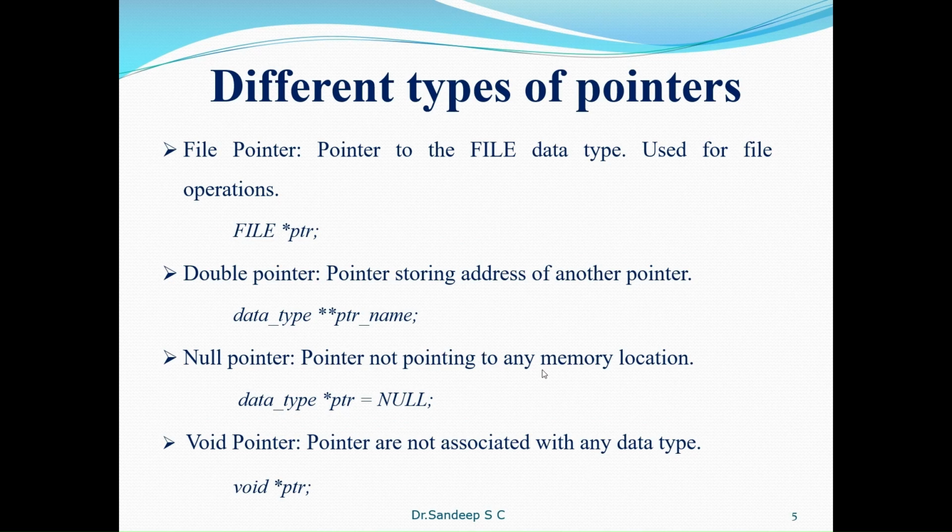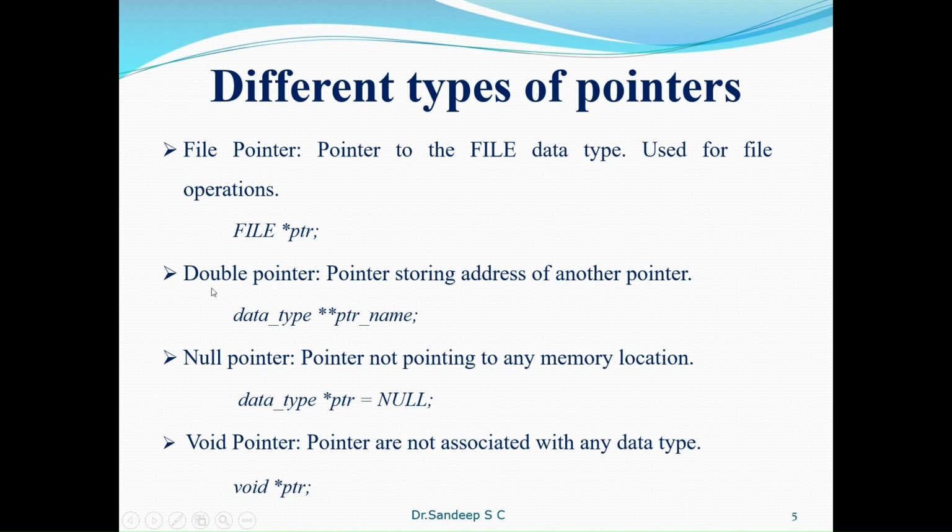Next we have file pointers. These pointers will point to a particular file whenever we want to do file operations, read the file, write the file, edit the file. We have different operations which can be performed on the file. That also we'll discuss later in detail. So we'll declare the pointer of a file type so that we can use that pointer to point to a particular file variable or the file data type.